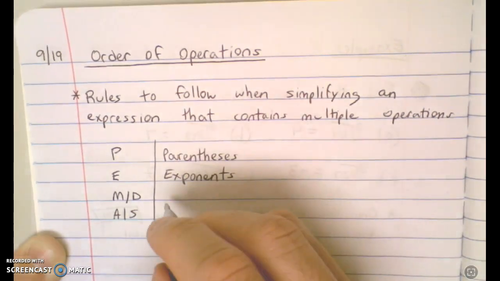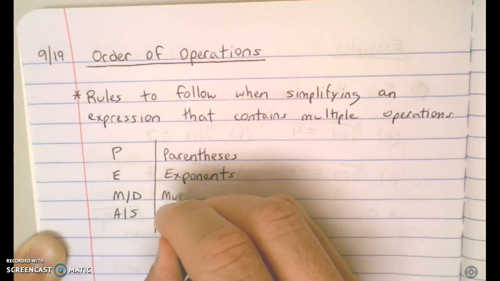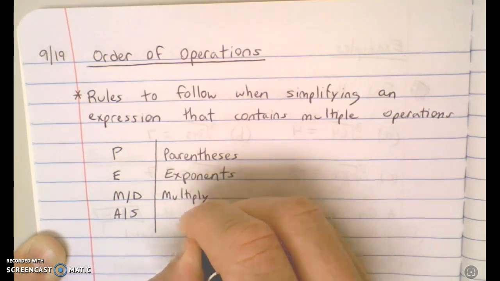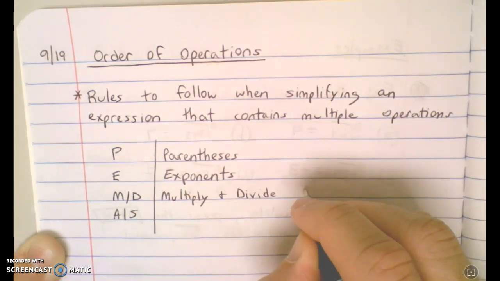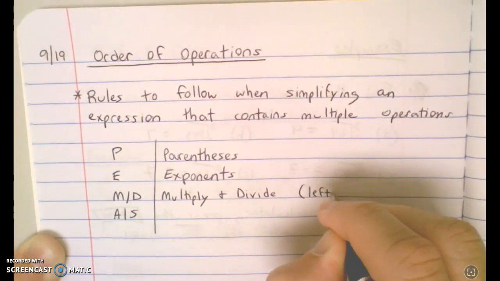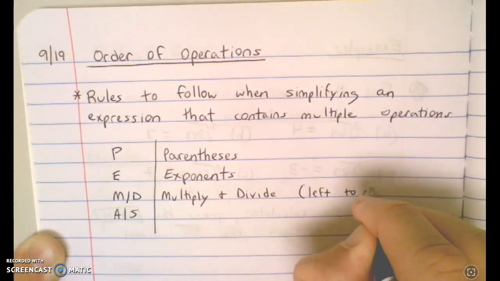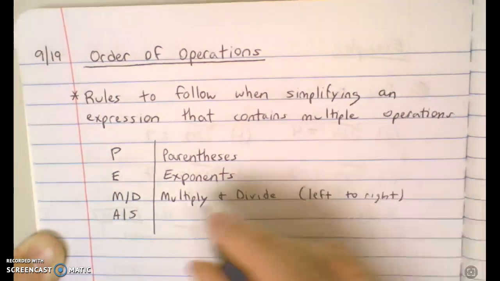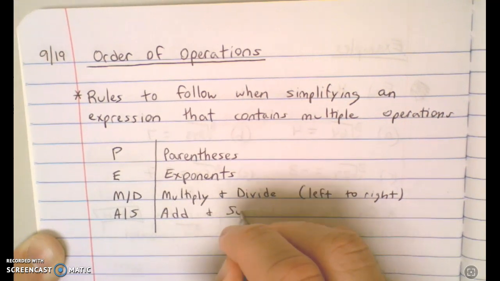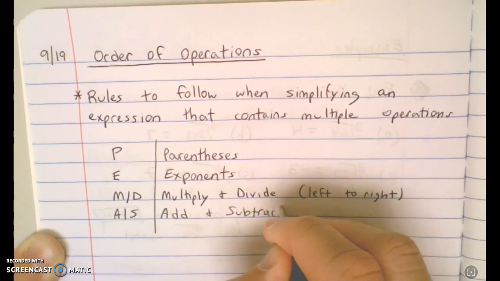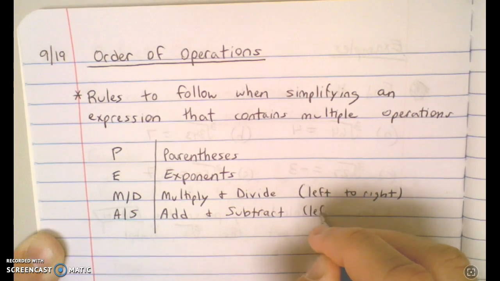M and D stand for multiplication and division. And you go left to right with those. And then same thing for addition and subtraction. You go left to right.